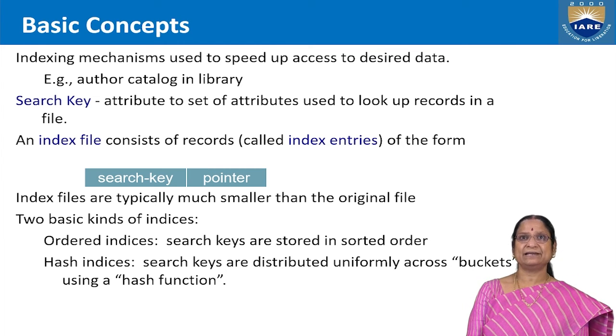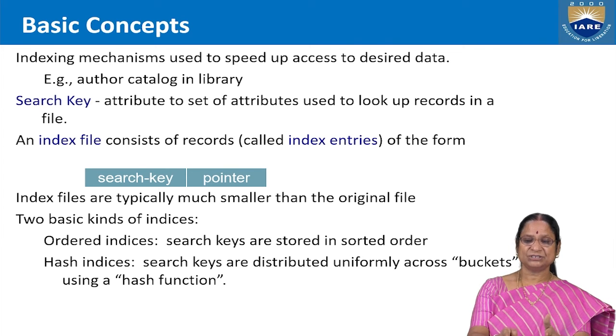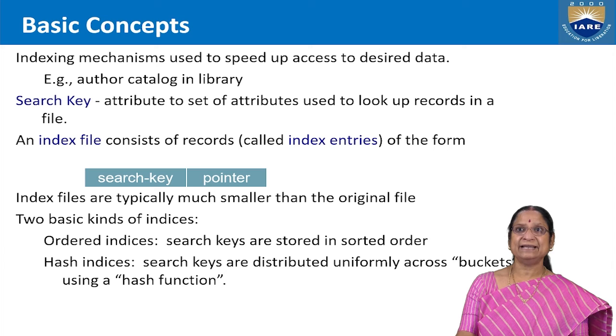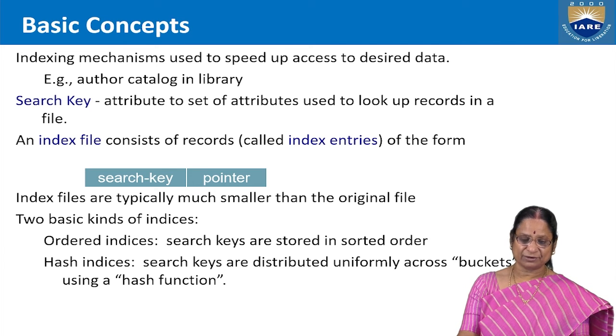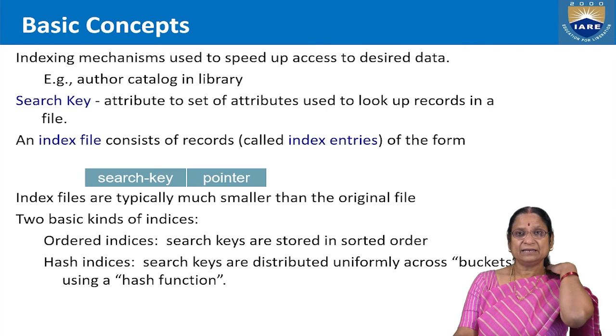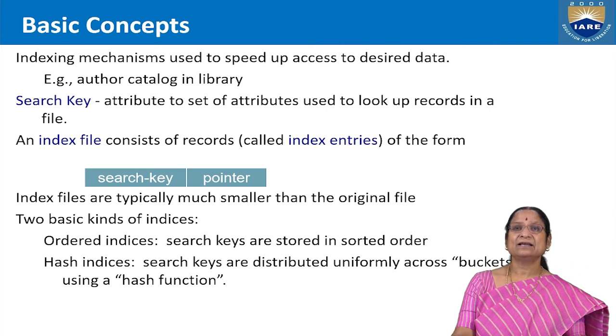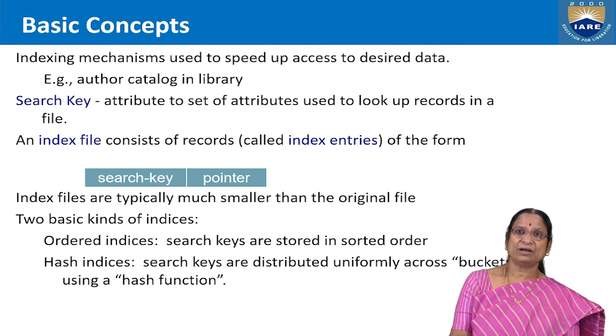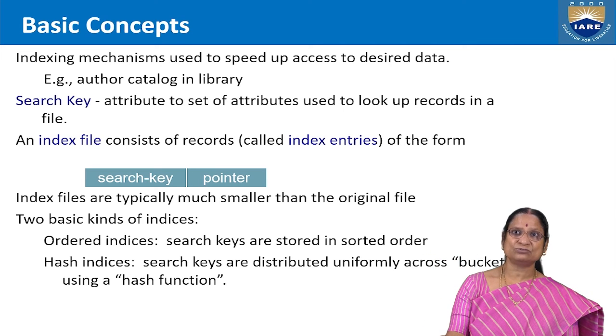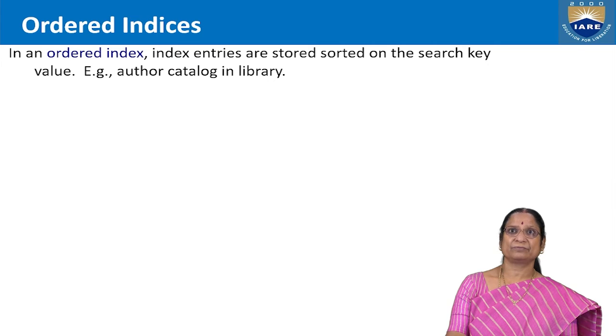The pointer is nothing but the address of the record where it is actually stored. The collection of these two fields is called an index entry. On a particular key value, the index holds the pointer to the respective original record.